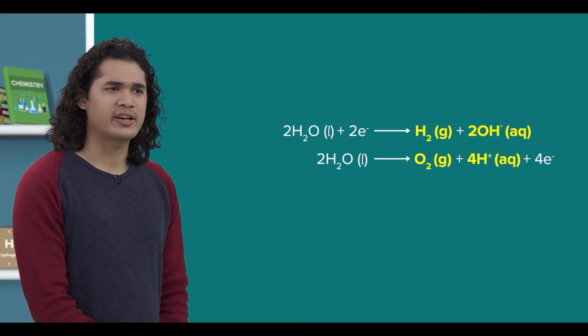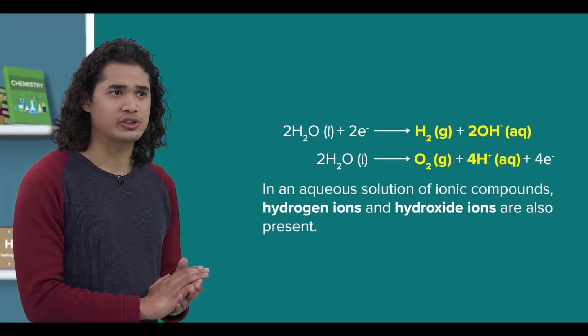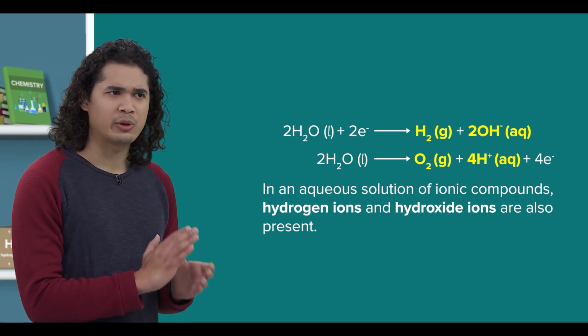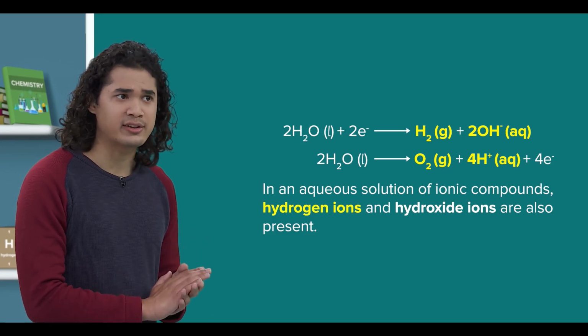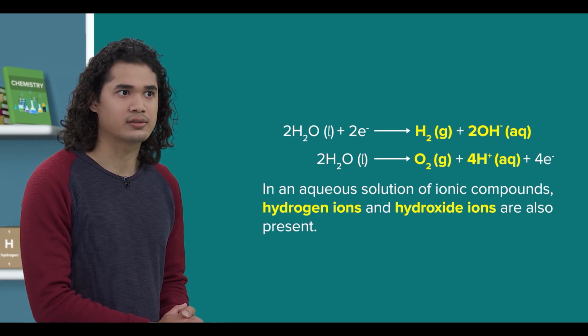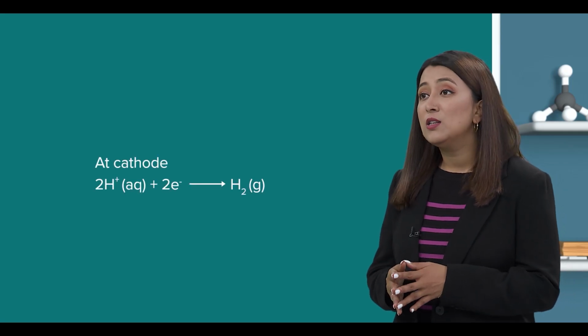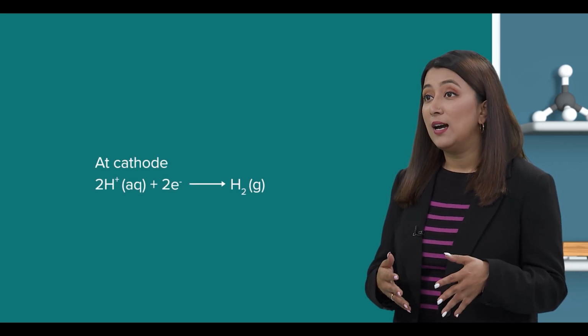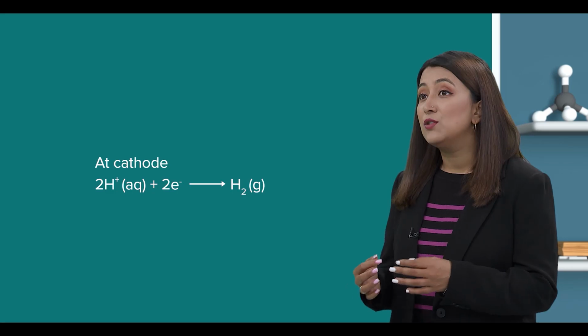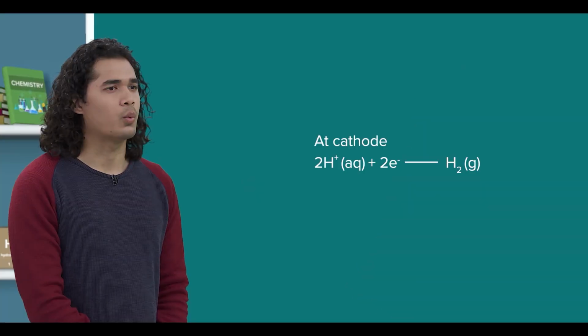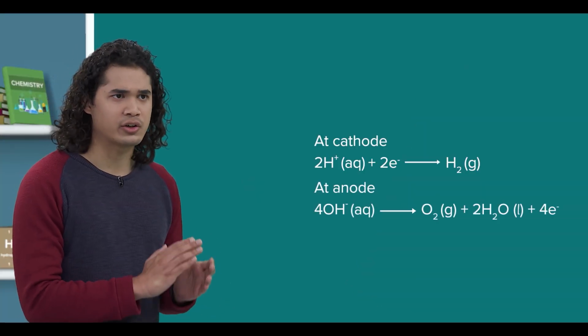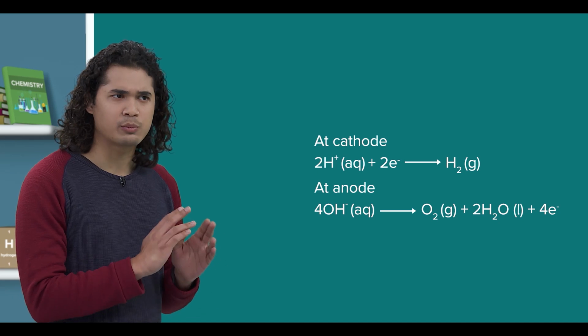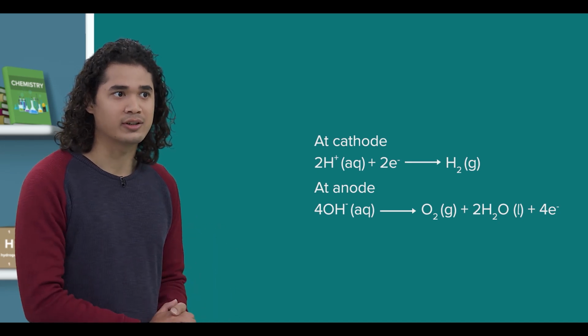So what you're saying is that in an aqueous solution of ionic compounds, there will also be presence of hydrogen ions and hydroxide ions. Yes, the hydrogen ions formed get reduced at the cathode into neutral hydrogen gas molecules, while the hydroxide ions formed get oxidized to produce oxygen gas at the anode.